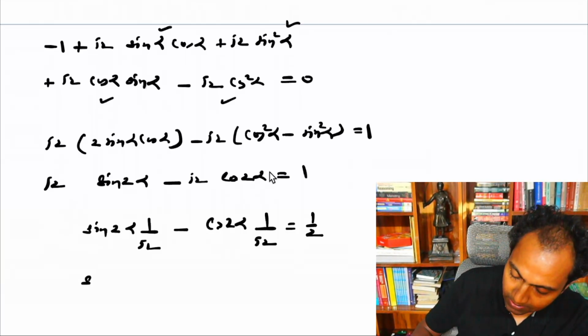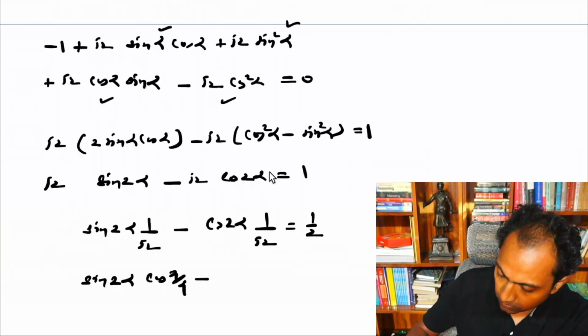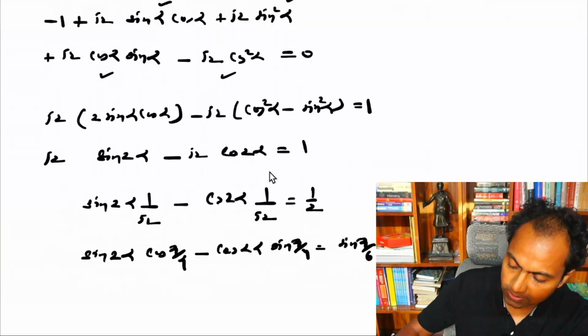And as a result, this can in turn be written as sin 2 alpha cos pi by 4 minus cos 2 alpha sin pi by 4, and this can be written as sin pi by 6.